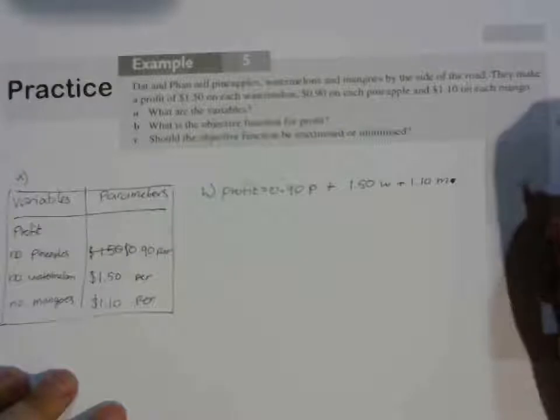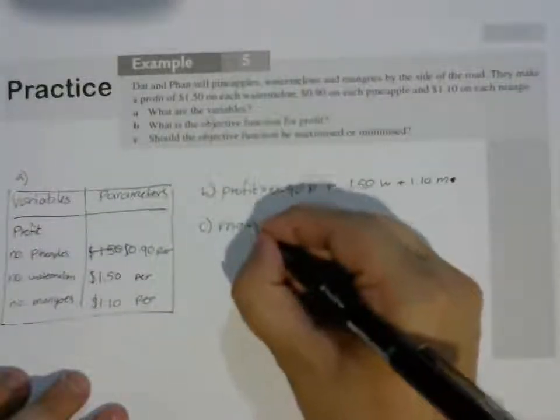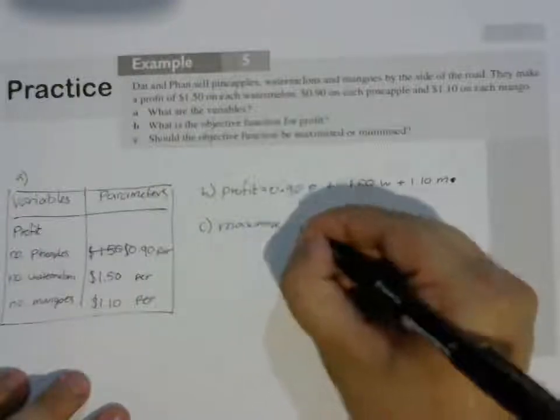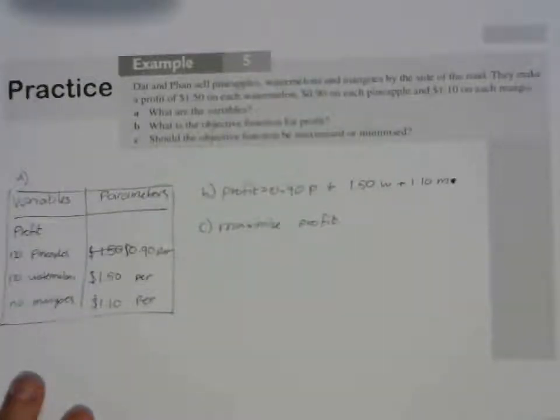Let's keep it as M. And this is profit, so we want to maximize the profit. And that is how you determine the objective function of a question.